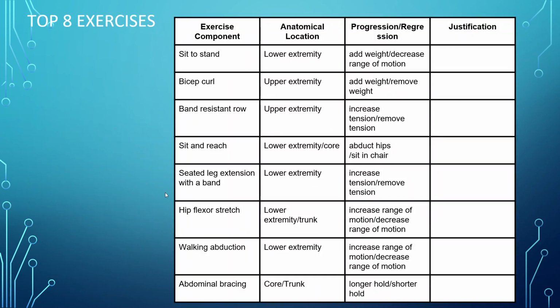These 8 exercises, however, have been taken by your fellow students from the required readings and the required MSK textbook and selected to assist with strengthening of the lower extremity, upper extremity, and core and trunk.